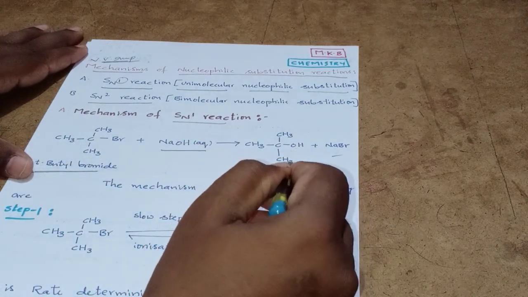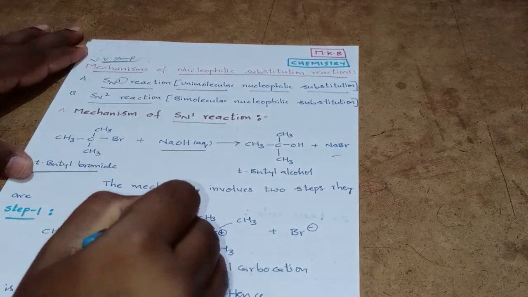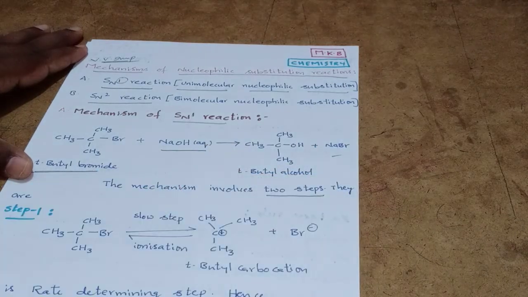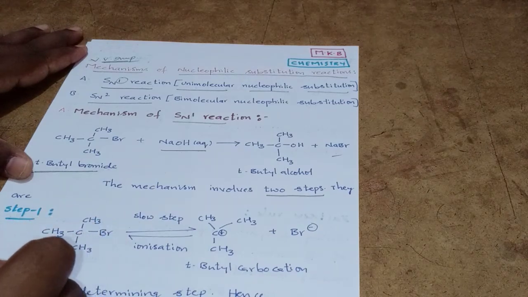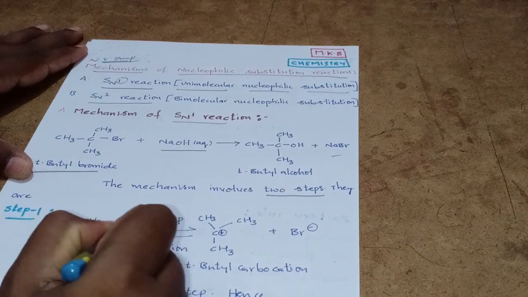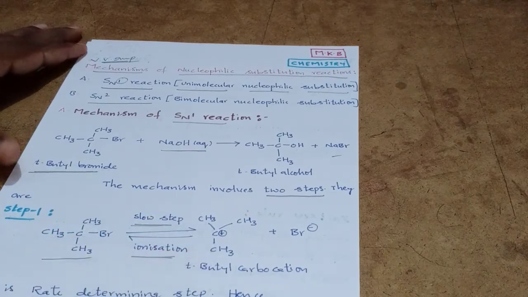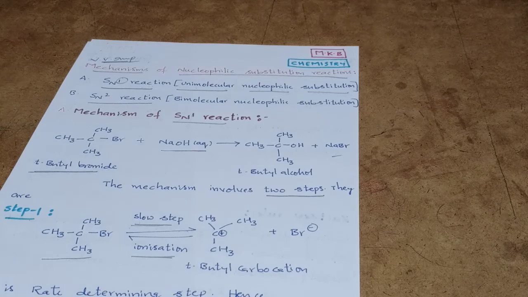Then how does this reaction take place? What is the mechanism involved in this reaction? The mechanism involves two steps. In the first step, this alkyl halide undergoes slow ionization. Ionization means dissociating into ions.